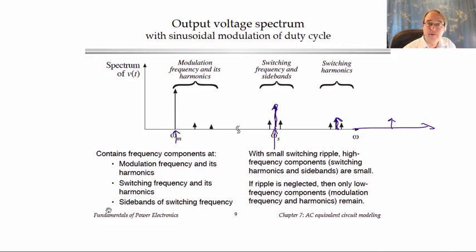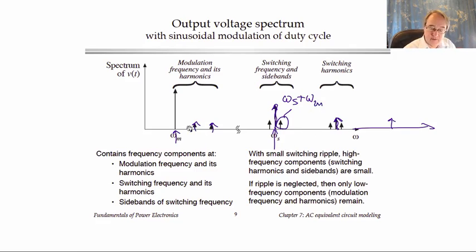Now, the converter power stage is nonlinear in general, and so it generates harmonics. So we have not only ωm, but we also see the harmonics of ωm from this nonlinear process. And then finally, modulation causes sidebands. So we see sidebands of the switching frequency. There's one right here at frequency ωs plus ωm.